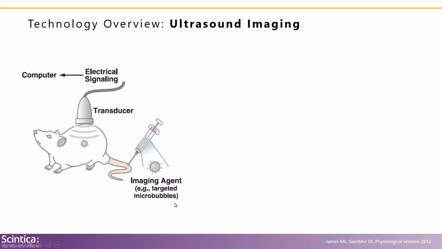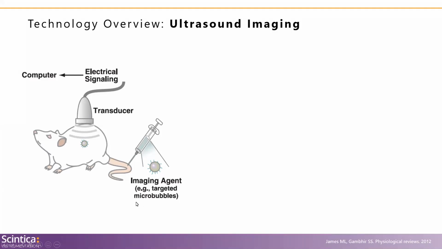And so if we want to think about using something like microbubbles, so a targeted agent, what would happen is following the administration of the microbubbles, a transducer, which is also called a probe, converts electrical signals to ultrasound waves, and the ultrasound waves will enter the body, and then some sound waves are reflected back to the transducer, where they're actually detected and then converted into electrical signals. And it's these signals that are processed by the computer and then displayed as an image.